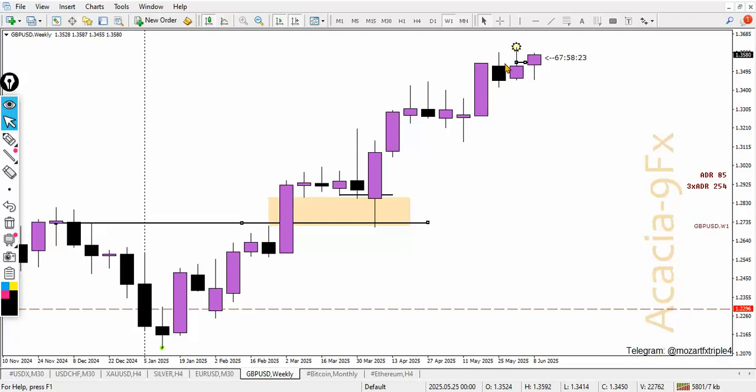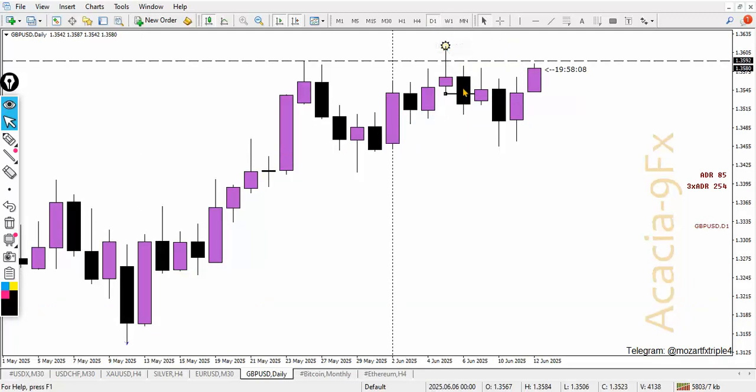Some people will not take that, but as you can see, when price breaks structure, even another structure is broken here to the downside, I will still expect this candle as my order block again to push price to the upside. So already it's showing you more examples.